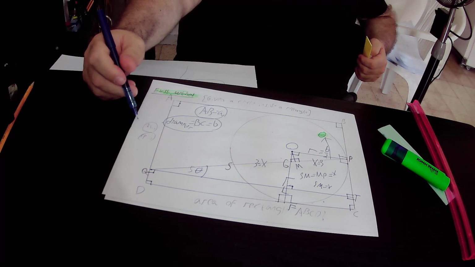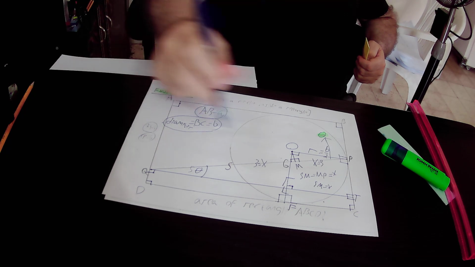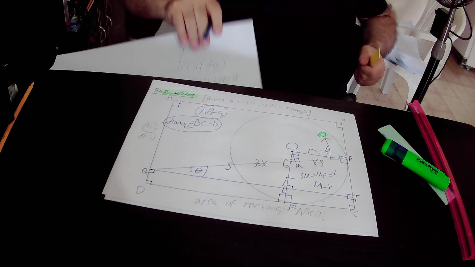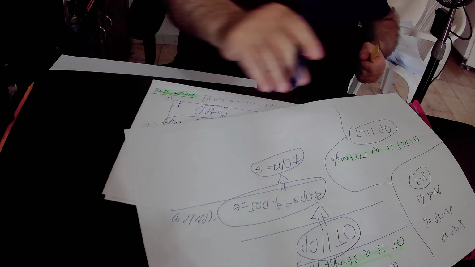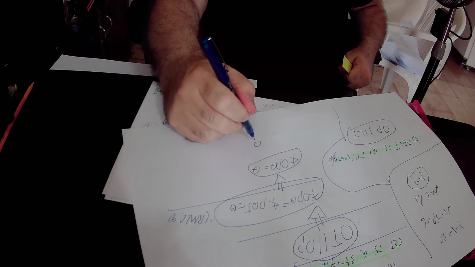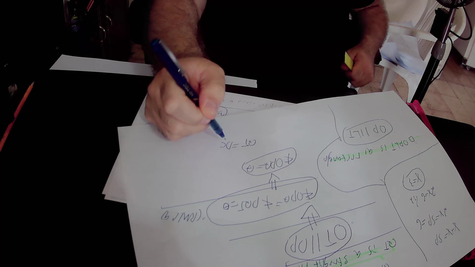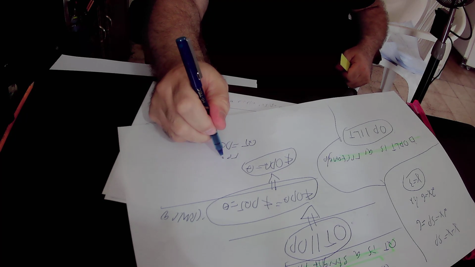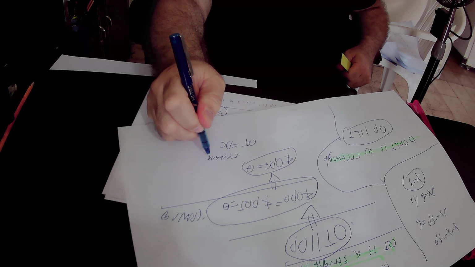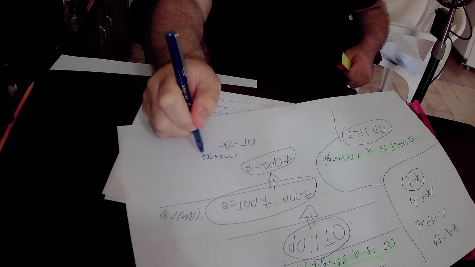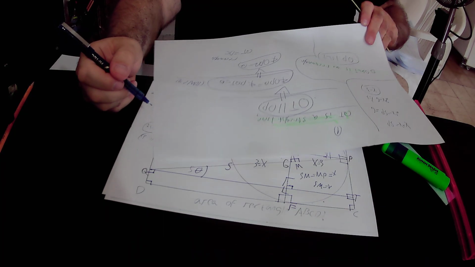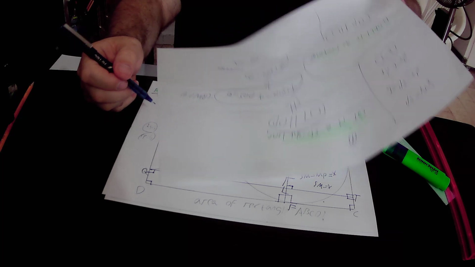And we know that the opposite sides of a rectangle are equal to each other. That is to say, QT equals DC in rectangle QTDC.